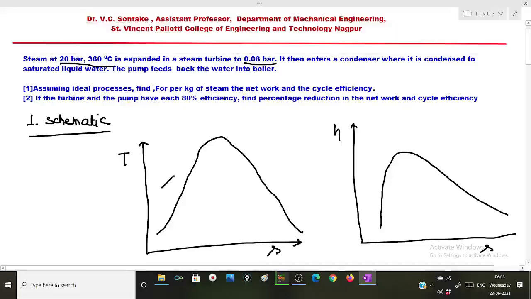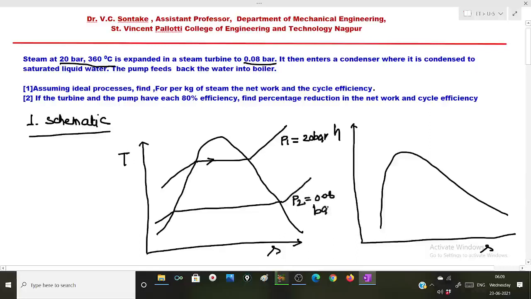So let us first represent the boiler pressure P1, which is equal to 20 bar, and then the condenser pressure or back pressure P2, which is equal to 0.08 bar.